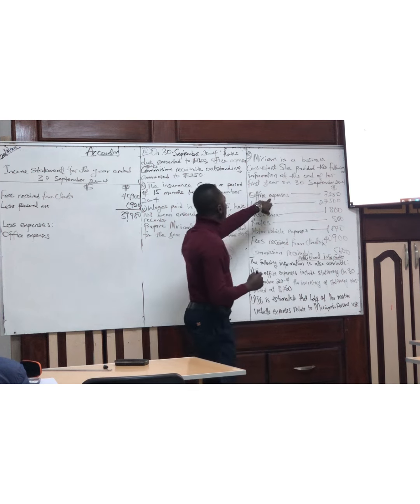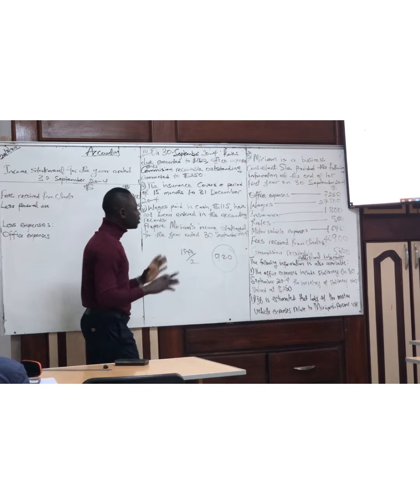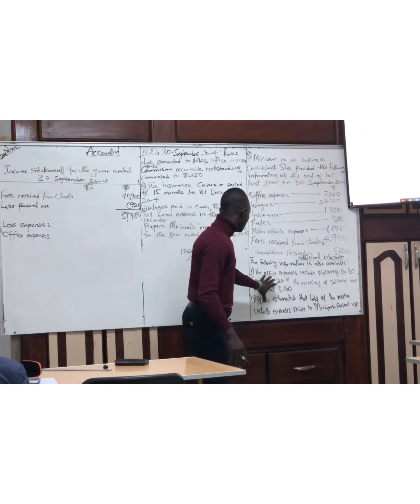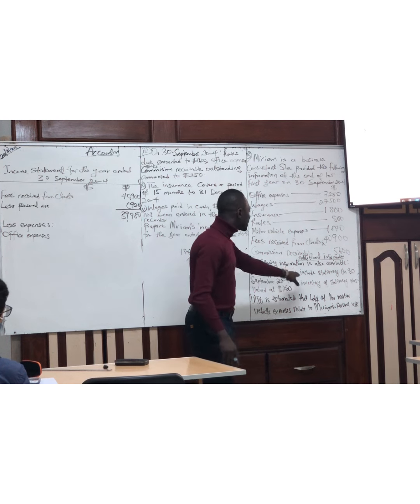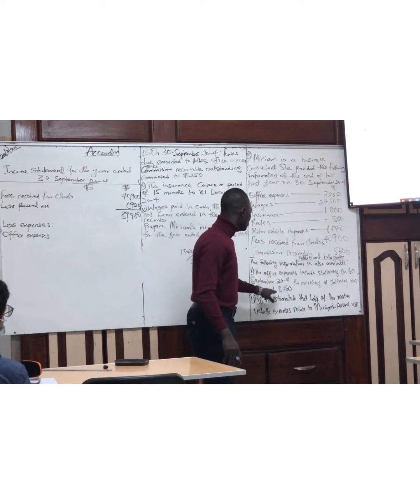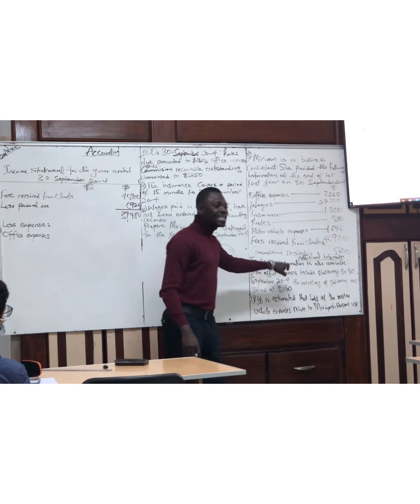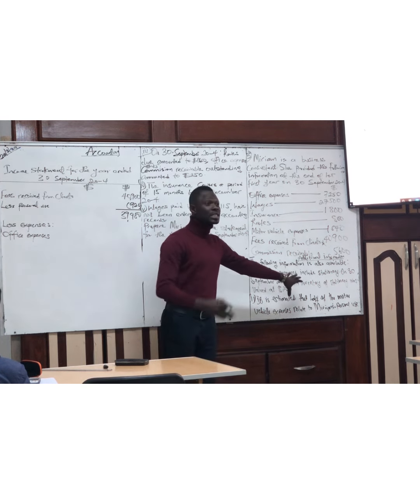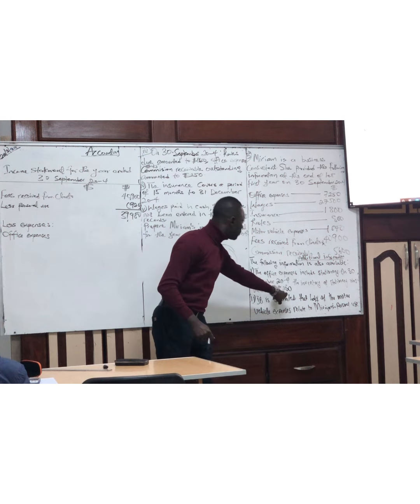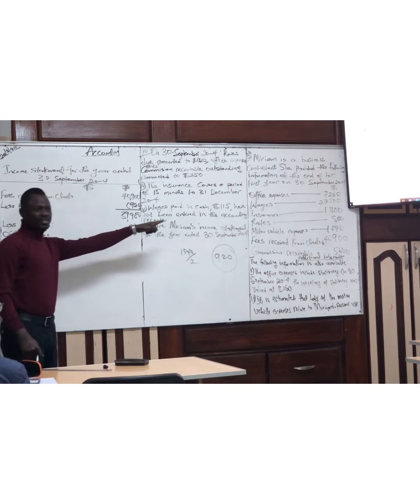So for office expenses, we have 7,250. Do we have any information for office expenses? Yes. They said the office expenses include stationery. On 30 September, the inventory of stationery was valued at 250. So this was left, which is for the next year. So 250 minus your office expenses.